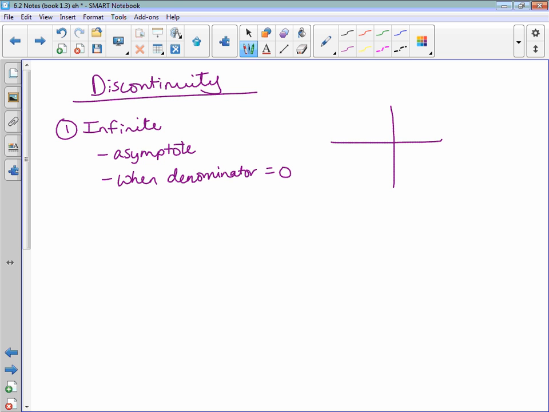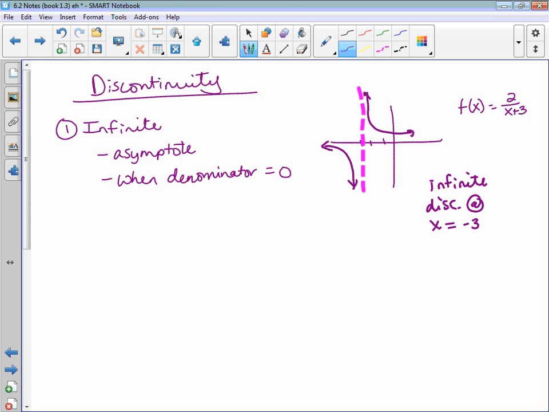Graphically, let's say your function was 2 over x plus 3. If you were answering the type of discontinuity, you always have to give me the location. So for this one, you would say infinite discontinuity at x equals -3.